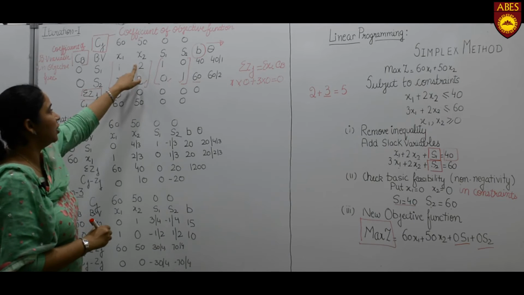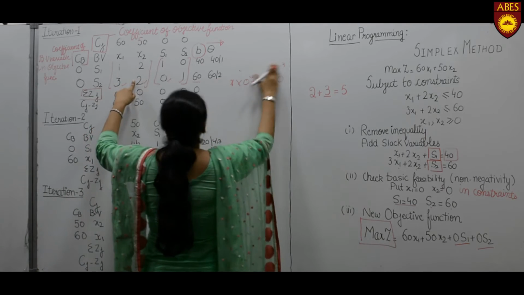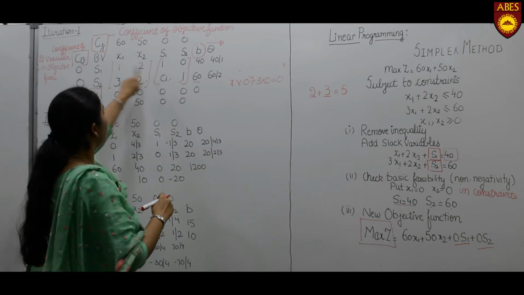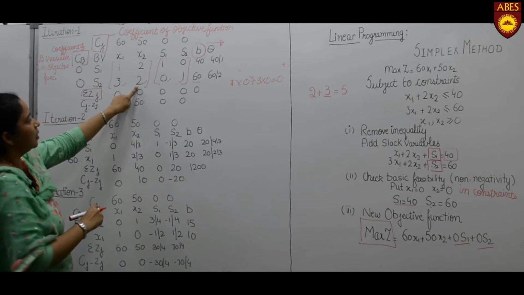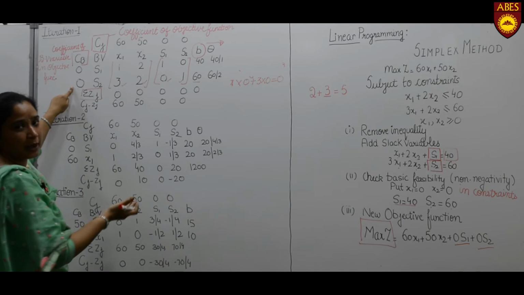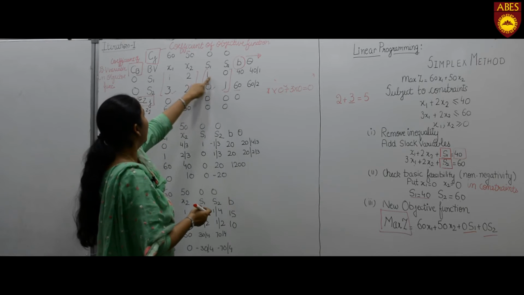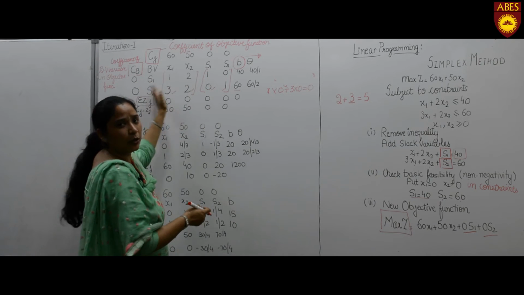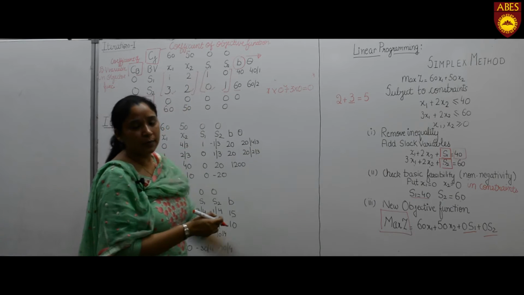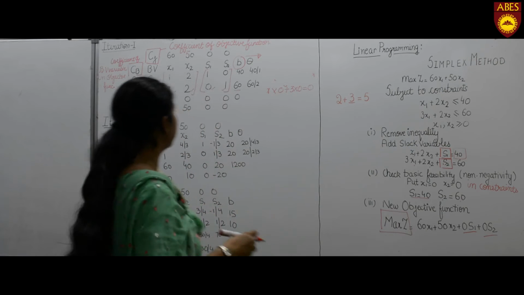Similarly, we will do this for column 2: 2 into 0 plus 2 into 0, that is definitely 0 since it is multiplied by 0. Now our identity matrix, 1 into 0, 0 into 0. For all these columns, we will find the value of Zj.